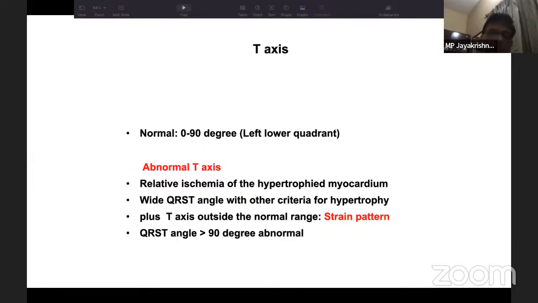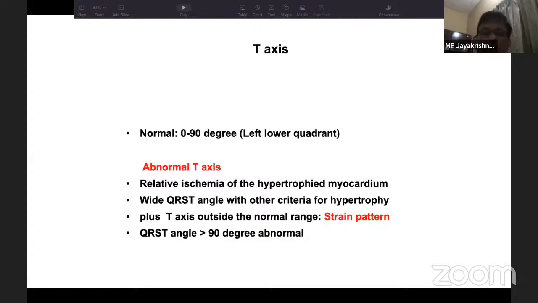So the T wave axis can be abnormal if there is significant hypertrophy of the ventricles. We call it a strain pattern. The T wave axis is not between 0 and 90 degrees. If it is beyond that, and if there are features of ventricular hypertrophy, you call it a strain. You might have heard of left ventricular hypertrophy with strain, right ventricular hypertrophy with strain, and all that.